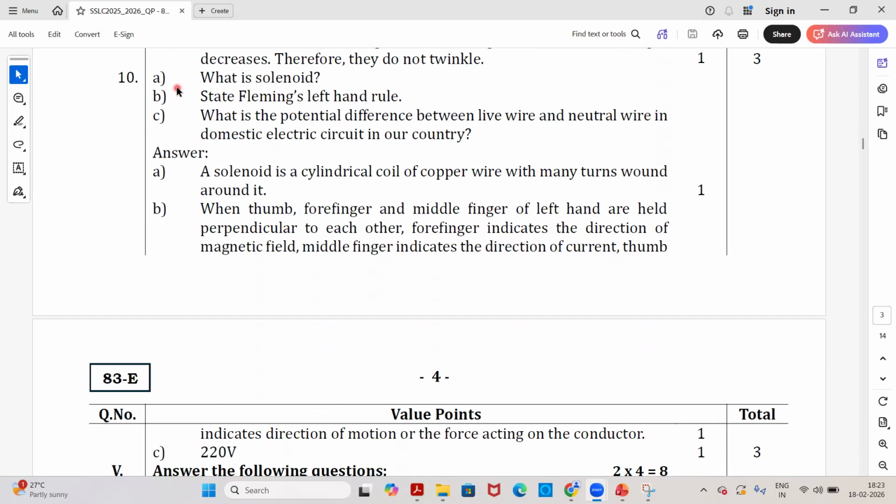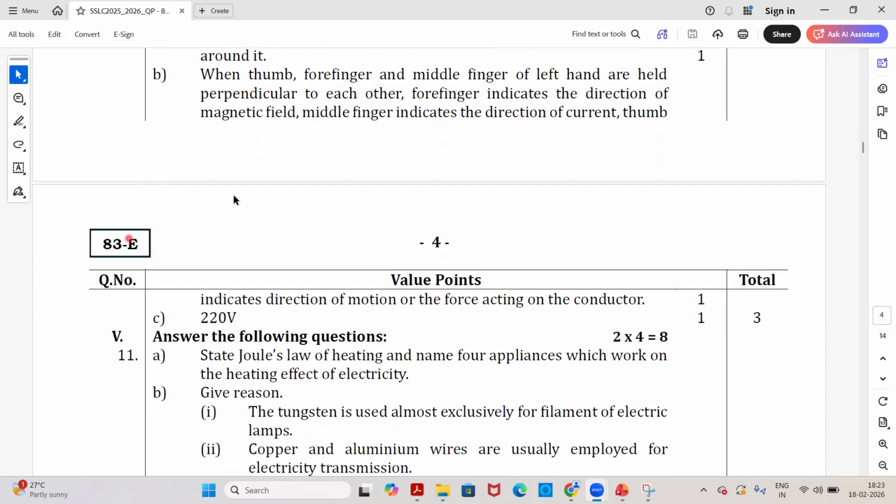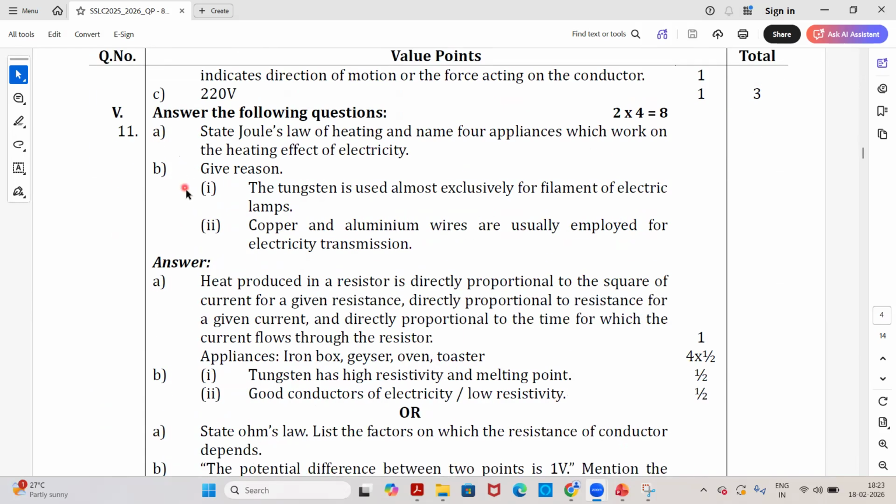Okay. Question 10 again has 3 sub questions, A, B, and C. What is solenoid? State Fleming's left hand rule. Then what is the potential difference between live wire and neutral wire in domestic electric circuit in our country? So answer A, answer B, and answer C is given here. Okay, next moving to the 11th question, which again has A and B questions.